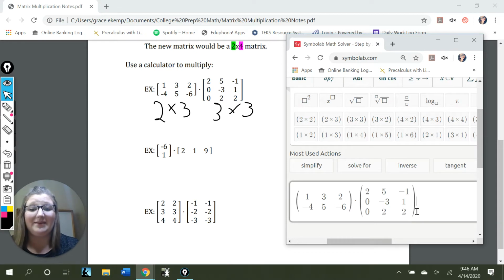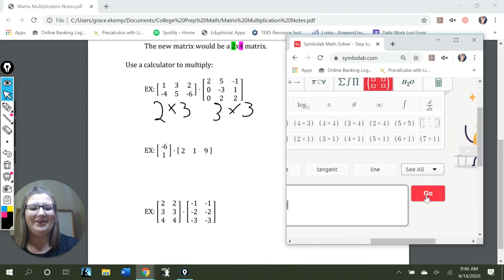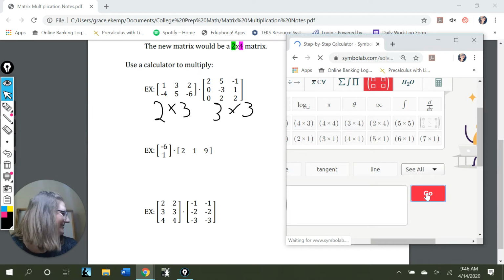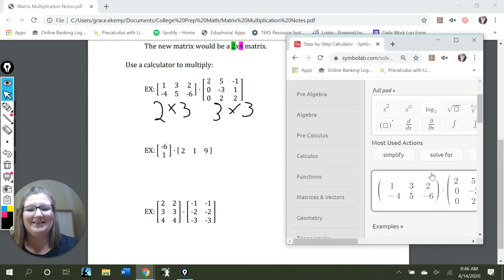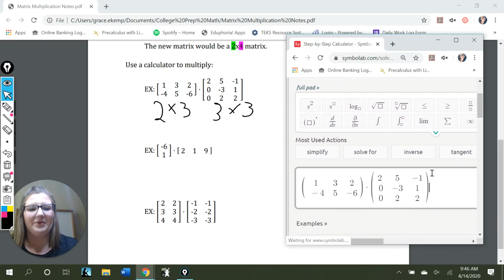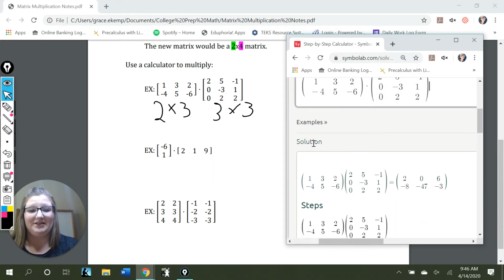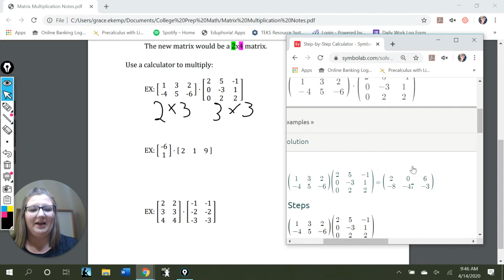All right, so that's our second matrix. And we're going to come over here and click Go to simplify our problem. And in just a second, it's going to pop up here with our answer. Remember, you have to scroll down to where it says solution. And this right here would be our solution.